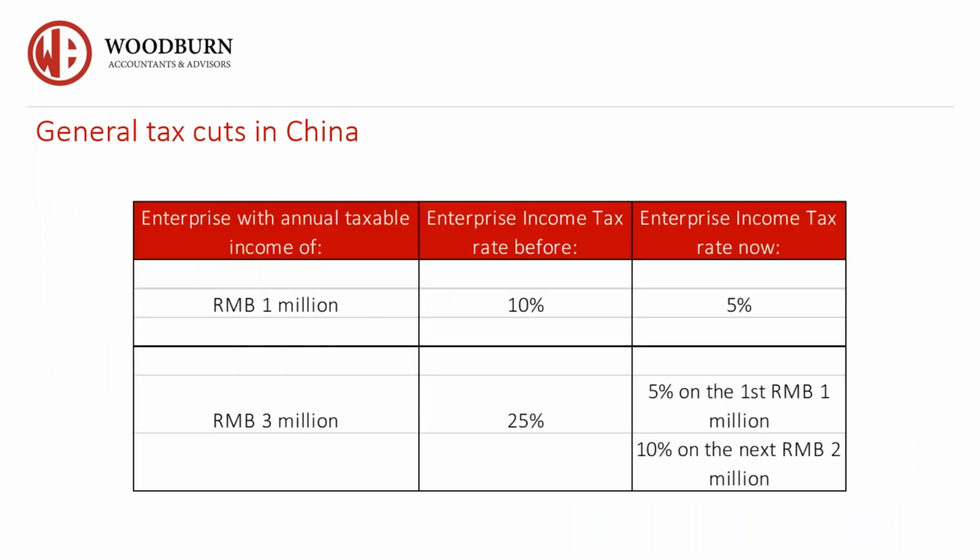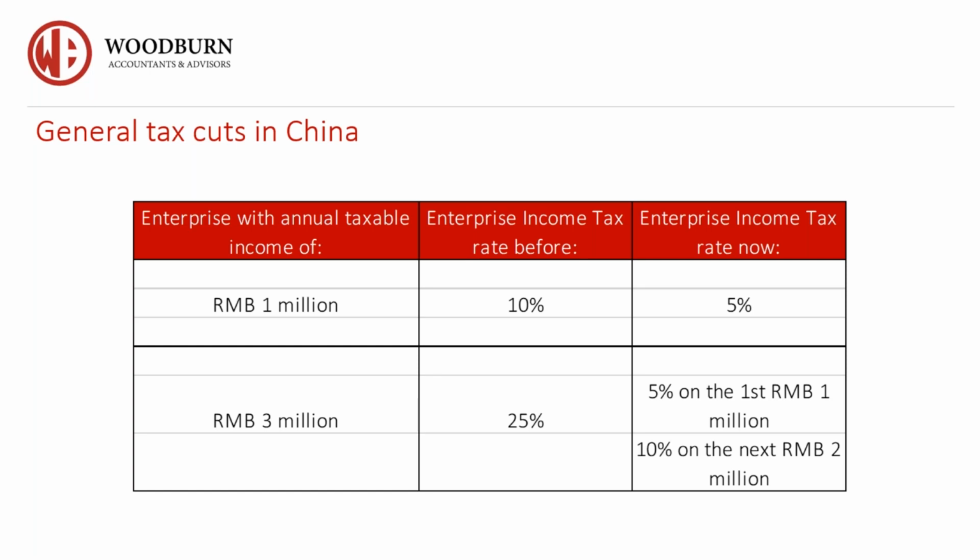So what does this mean? And although the topic for today is about VAT, it is also important to talk about profits tax, or in China, it's called enterprise income tax. So the biggest tax cut has actually come into this category, okay? So basically, if you are a startup in China, or you're building up your business, then you can enjoy this.